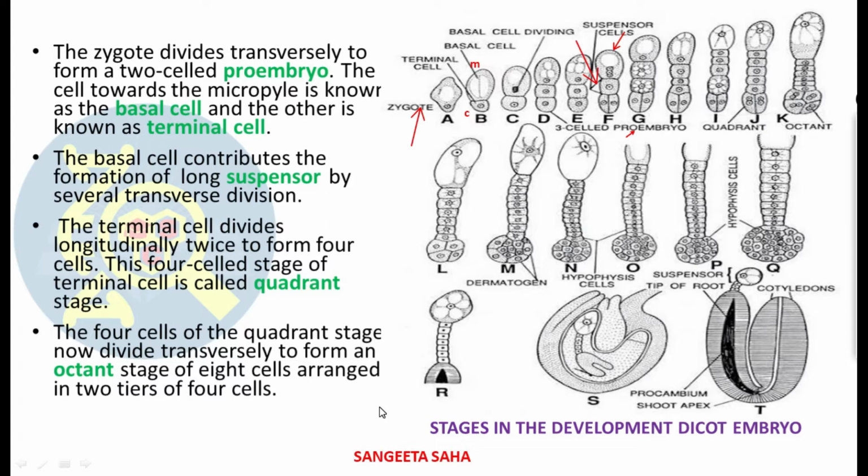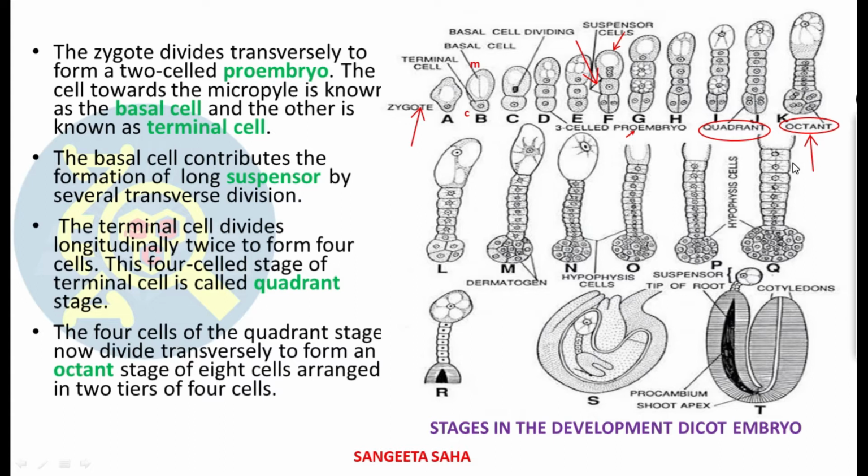The division takes place one more time to form 8 cells, as you can see here. The 4-celled proembryo is known as the proembryonal quadrant, and the 8-celled proembryo is known as the proembryonal octant.